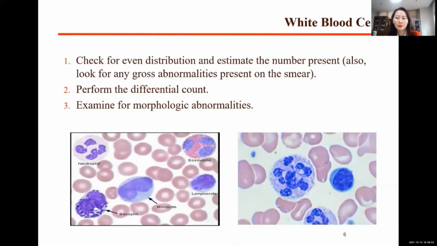Under the microscope, we can check WBC distribution and estimate the number of WBC present. We can perform the differential count of WBC. We can examine for morphological abnormality of WBC.